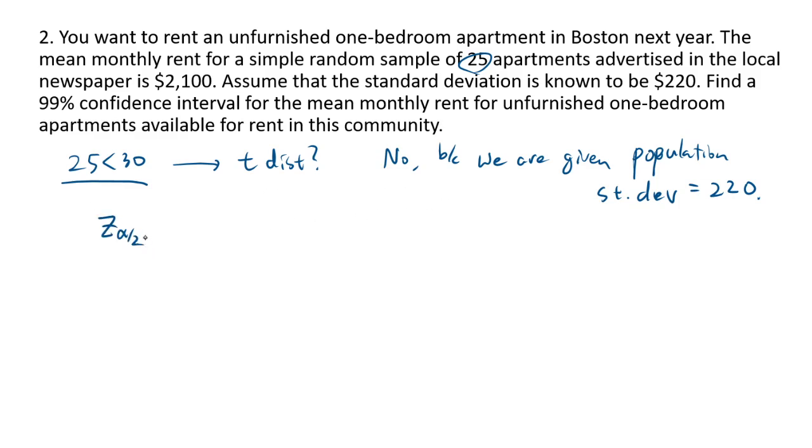Okay, all right. So z alpha over 2 is inverse norm of 1 minus alpha over 2. The confidence level 99% means that alpha is 0.01, and you have to divide that by 2, right? Because our alpha is 0.01. Okay. So let's figure this out.